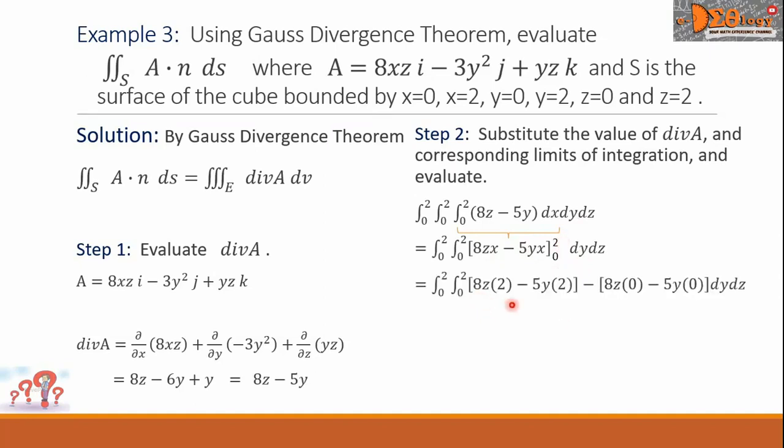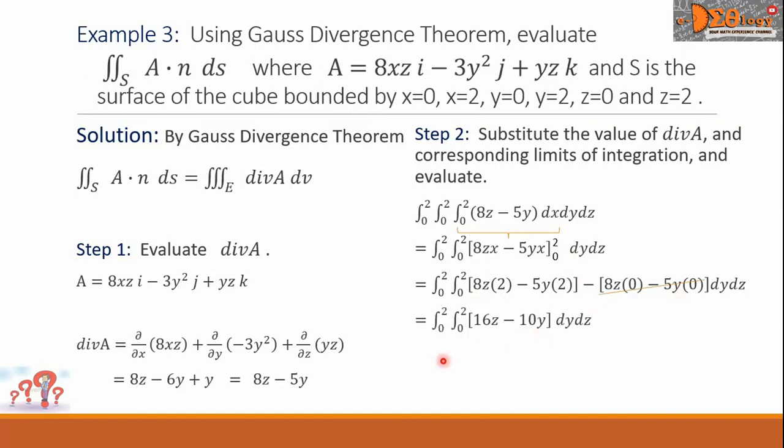We have the first group with respect to 2 minus the same function evaluated at 0. Because of that 0, the second group will be cancelled. We can simplify the first group into 16z minus 10y.